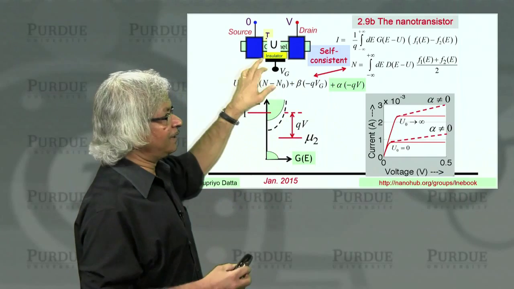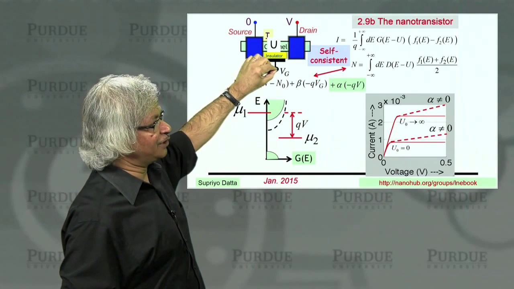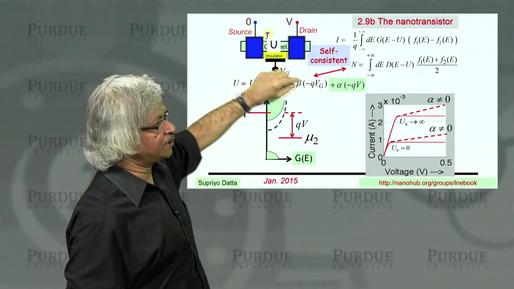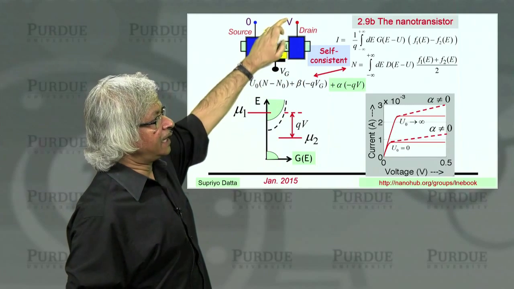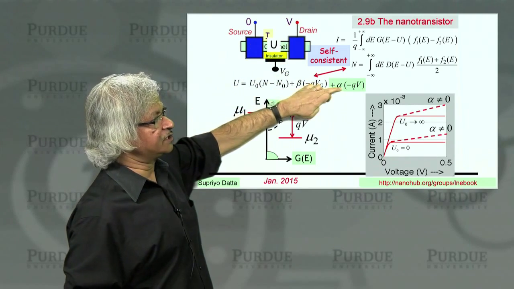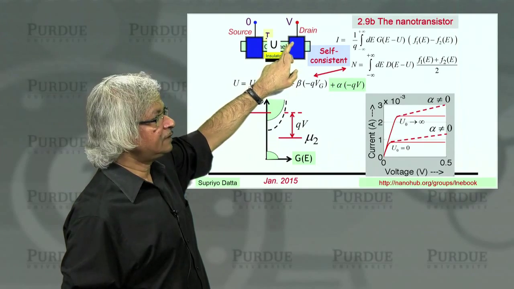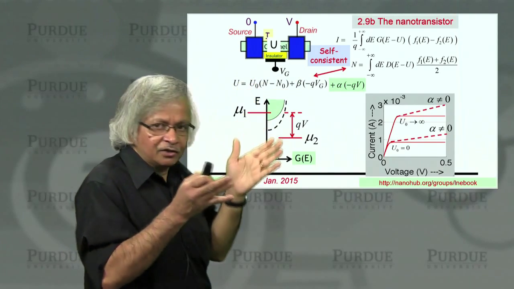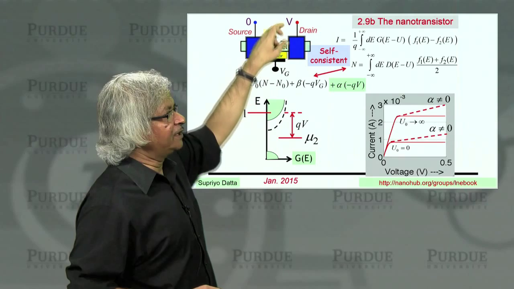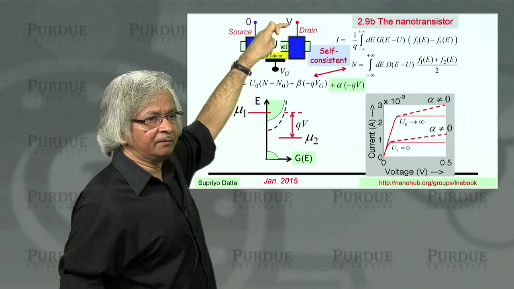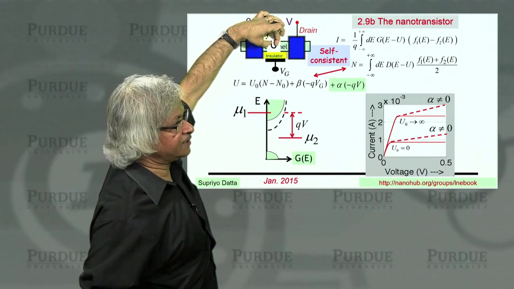And you can see why, because you have a gate voltage here which controls the potential through the beta, and you have a drain potential which changes it through the alpha. Now over the years, as the devices got smaller and smaller, the effect of the V got bigger and bigger, because now this is a very small device.